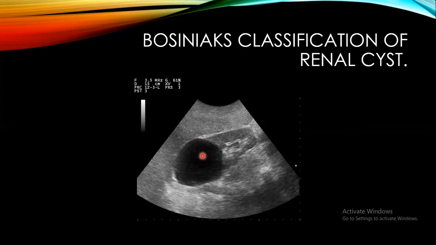As we said, this cyst usually requires no treatment, just reassurance, unless it is larger than 10 centimeter or causing hematuria or recurrent urinary tract infection or compressing the ureter, especially if it is in the lower pole. Management is by aspiration and injection of ether or alcohol, and the second way is by surgical open or laparoscopic deroofing. This is for Bosniak 1 classification.